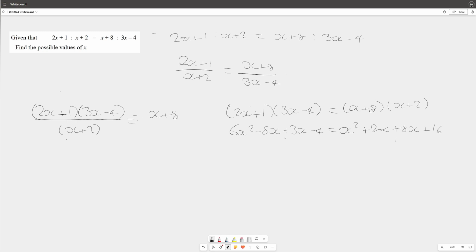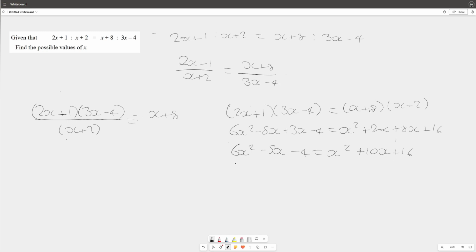First I'm just going to simplify and collect these x terms. So 6x squared, the minus 8x plus the 3x becomes minus 5x, and then we've got a minus 4. This is going to equal x squared, the 8 plus the 2 is 10x, plus 16.